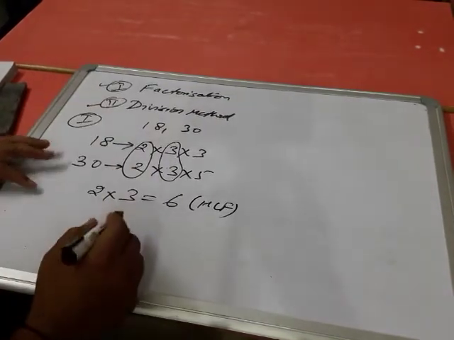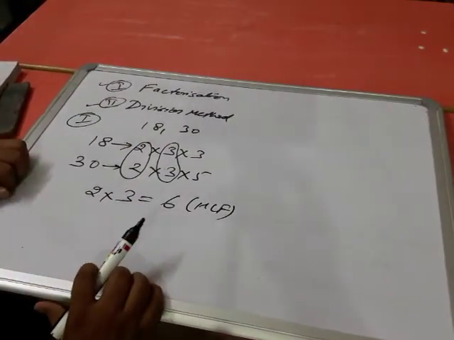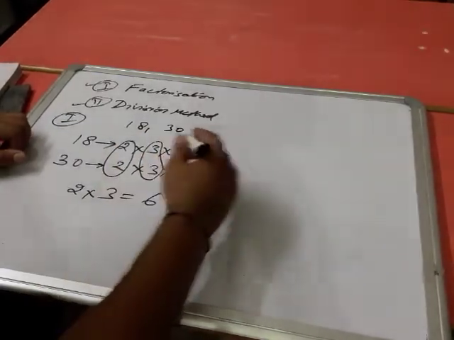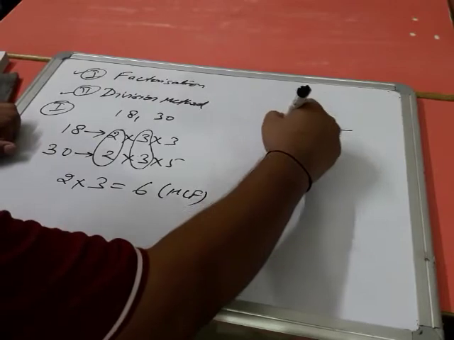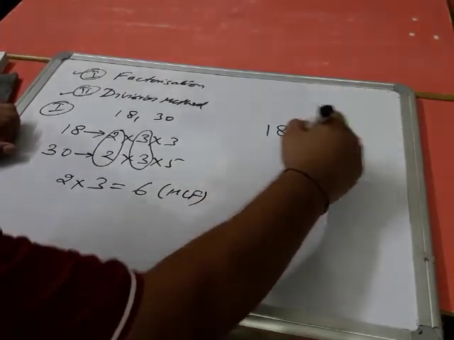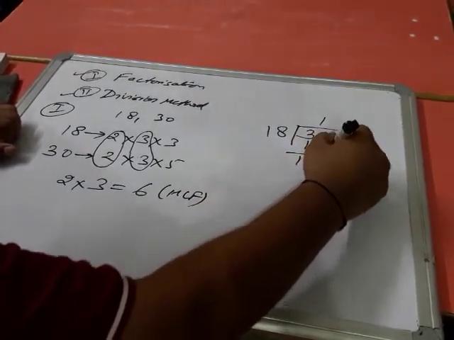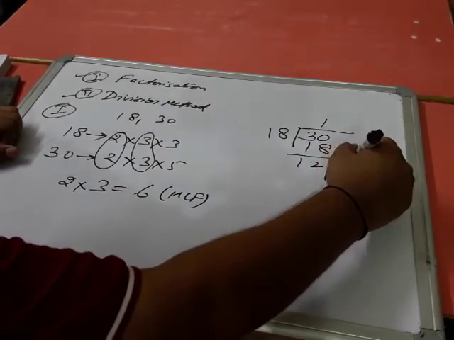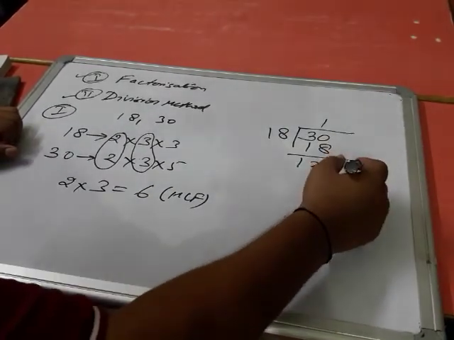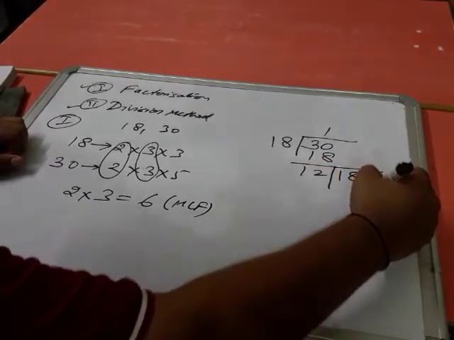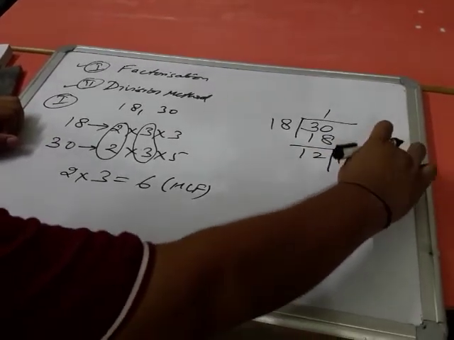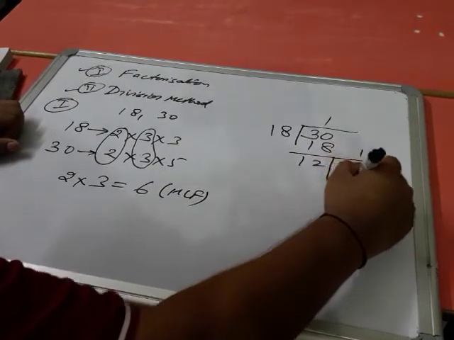We can also find the HCF by the division method. And what is the division method? Divide 30 by 18. 18 ones are 18, remainder 12. Then go on dividing. Now the divisor becomes the dividend and the remainder becomes the divisor. 12 ones are 12.